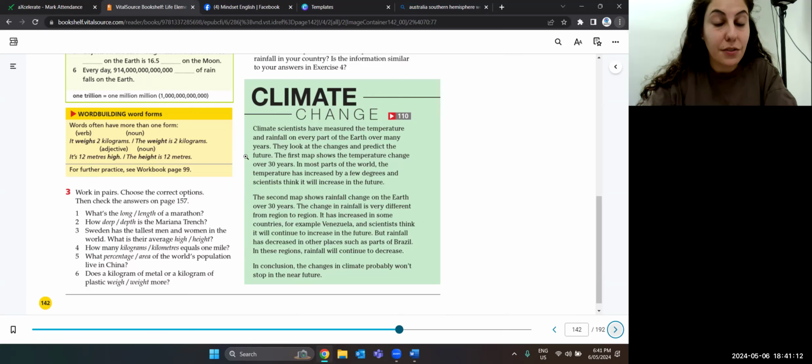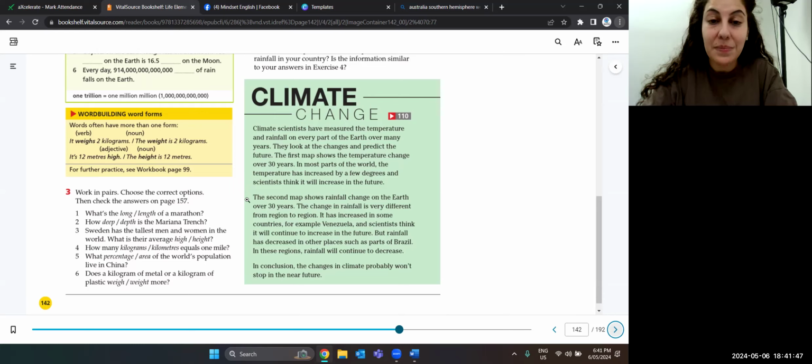The first map shows the temperature change over 30 years. In most parts of the world, the temperature has increased by a few degrees. And scientists think it will increase in the future.